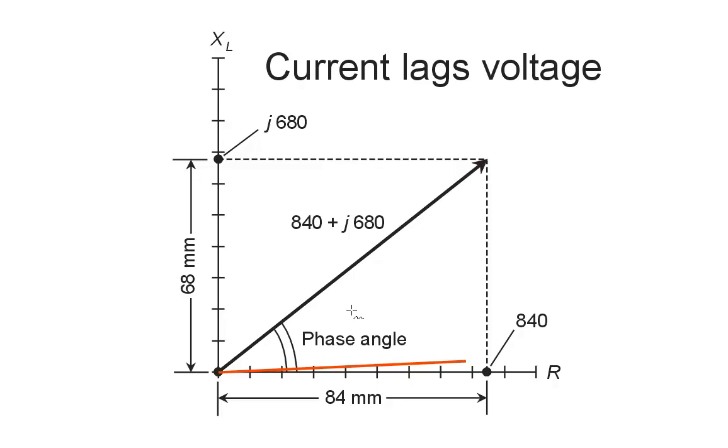It can increase as the ratio of inductive reactance to resistance increases, and depending on what the actual values are, we'll get vectors that look like this, and they will gradually approach this vertical axis.